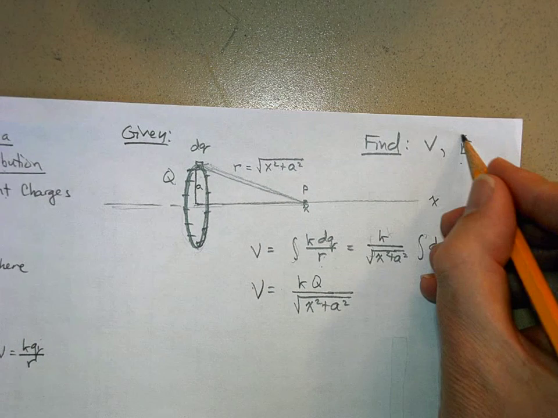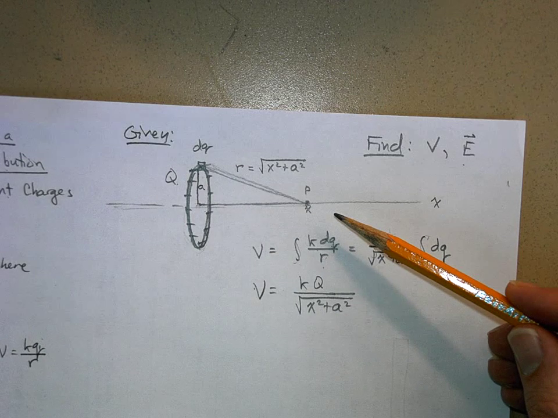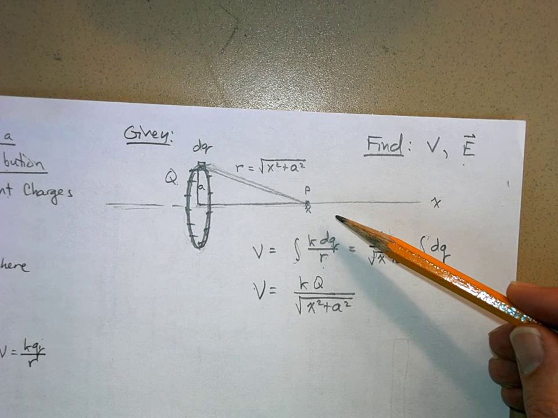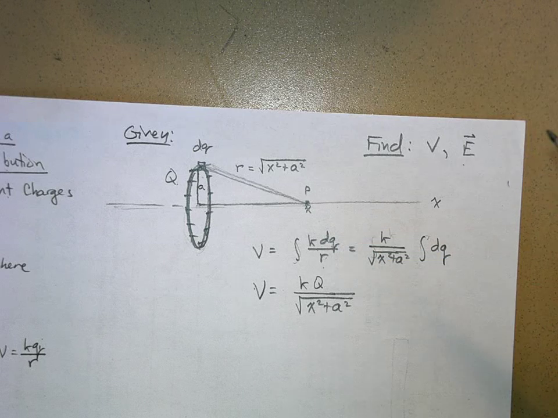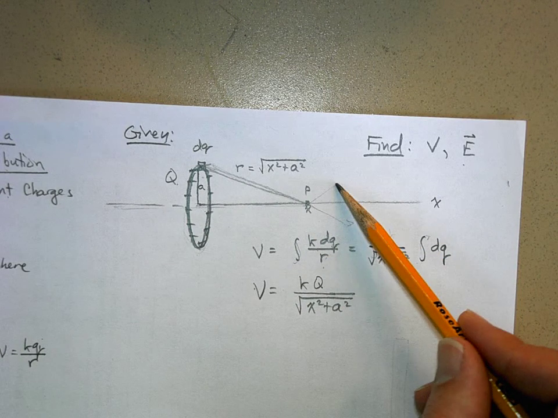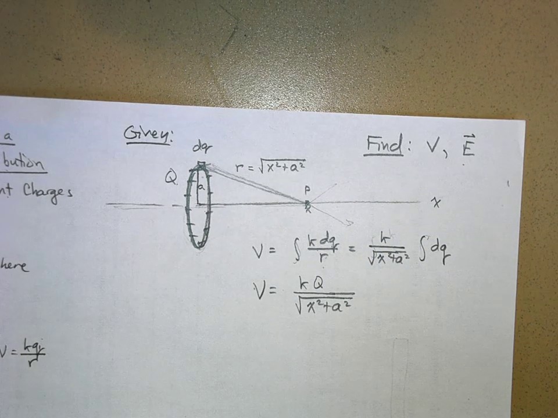Let's find E. And now, we did this example problem. And it was a little bit more complicated than this, because when we were trying to find the electric field, we had to get it in terms of theta, and we had to mess around with it, and it was quite involved.